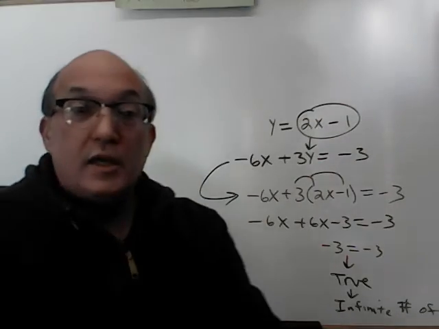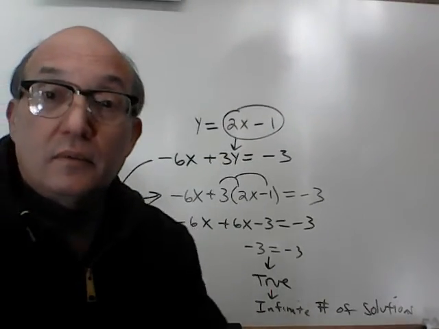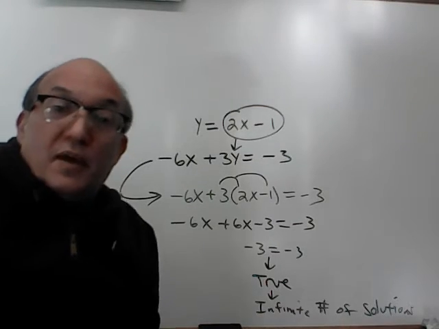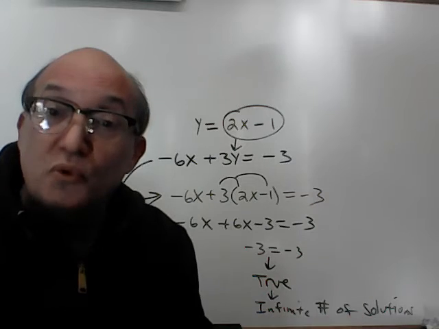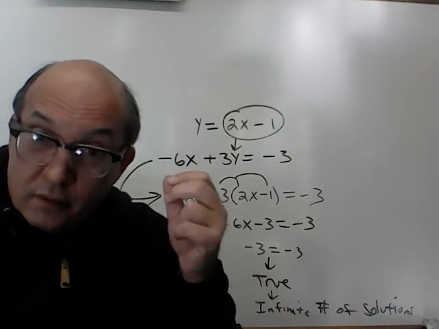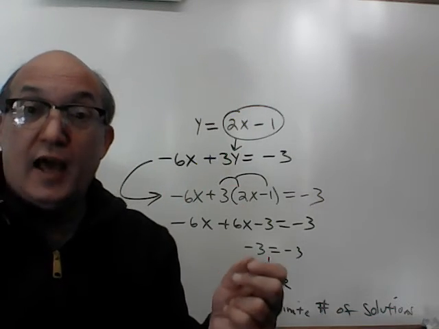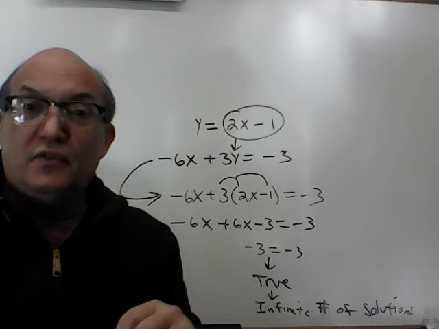Okay? We apply the procedure that we learned, the substitution method, and all the x's go away, leaving a true statement in this case. The conclusion now is that there are an infinite number of solutions.